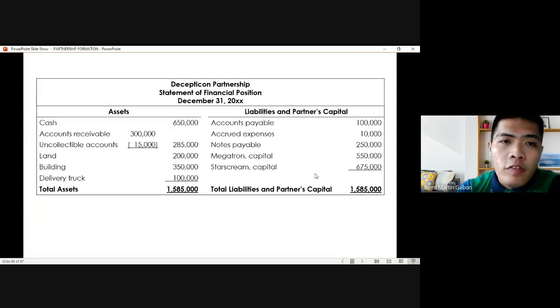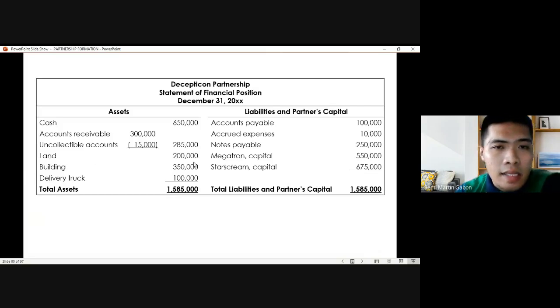So, after the formation, tawag nito, balance sheet or statement of financial position. So yung cash, wala na mga adjustment, as is pa rin. Accounts receivable, babawasan na ng uncollectible accounts, maging 285 na lang.